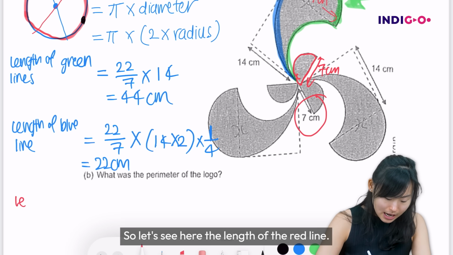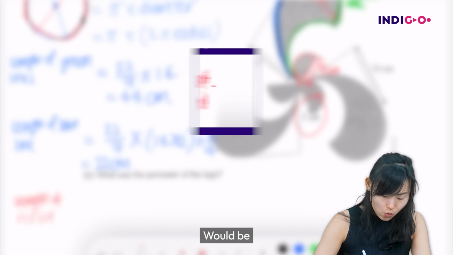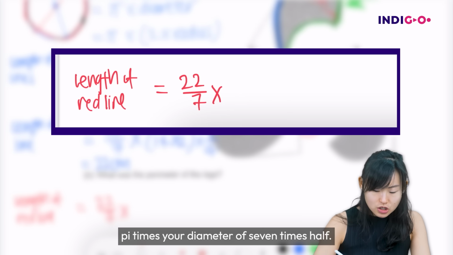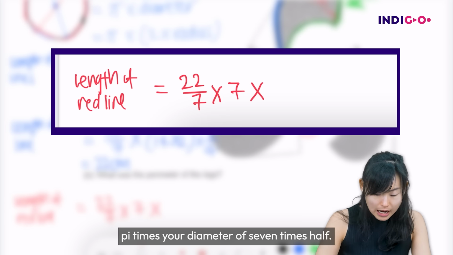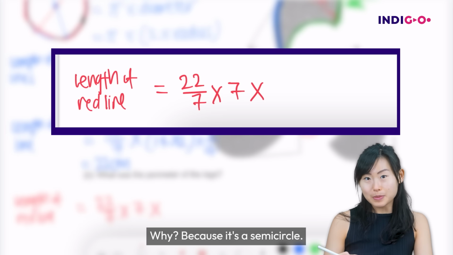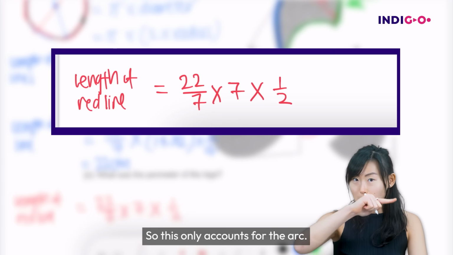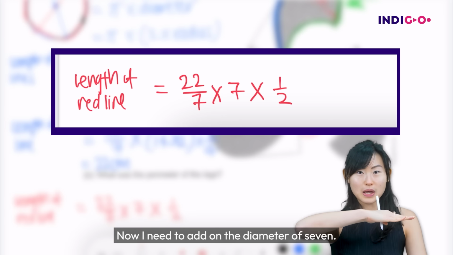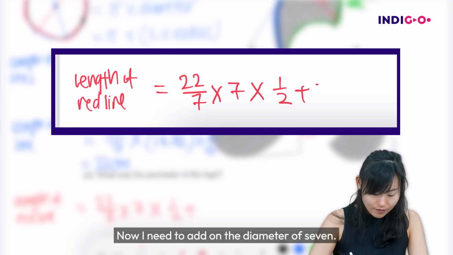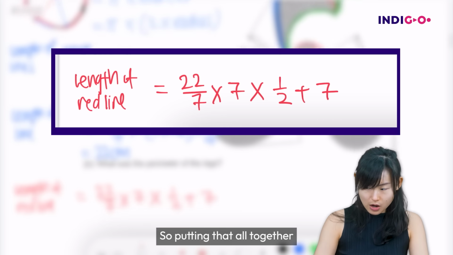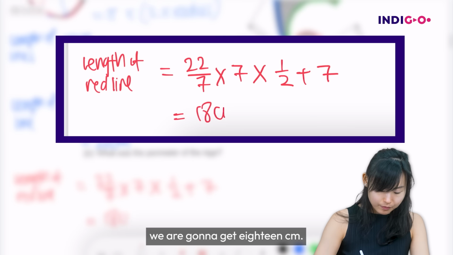So the length of the red line would be pi times your diameter of 7 times half. Why? Because a semicircle means it's half of a circle, so I must times half. So this only accounts for the arc. Now I need to add on the diameter of 7. Putting that all together, we're going to get 18 cm.